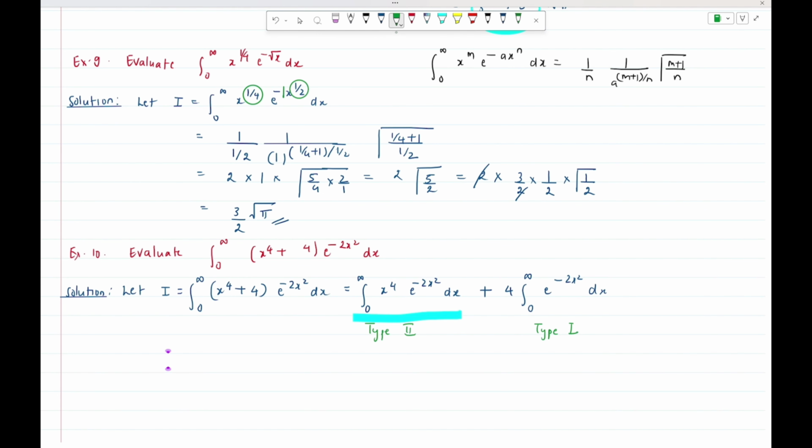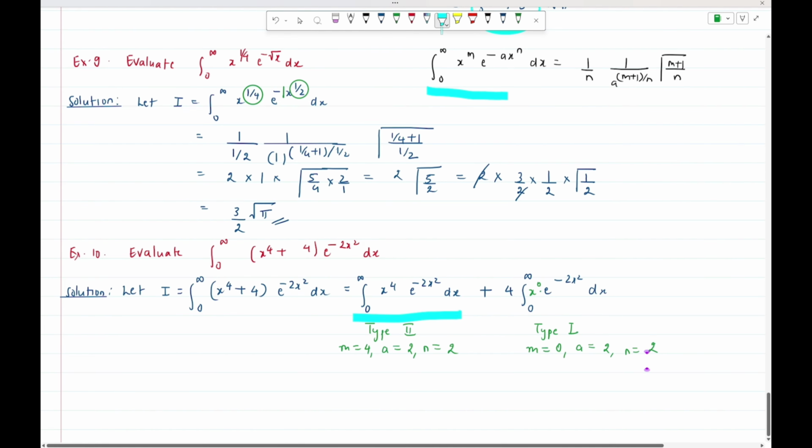So the value of m is 4, a is 2 and n is 2. In this case, we can introduce x raised to 0. So the value of m is 0, a is 2 and n also is 2. And we have the formula right over here. So let's apply that to both the integrals.